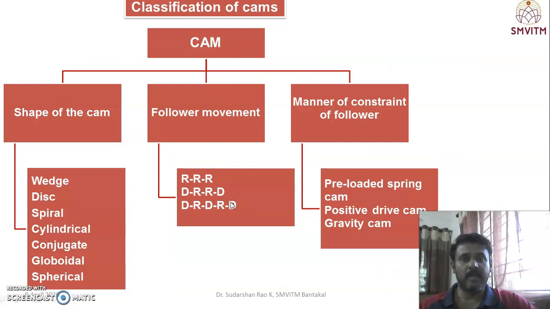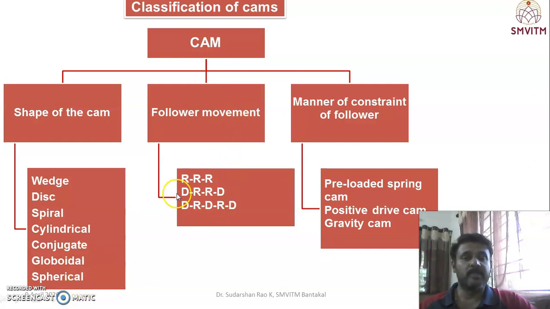Regarding the classification, CAMs are broadly classified based on the shape of the CAM, follower movement, and the manner of constraint of the follower. Based on the shape of the CAM, it may be a wedge CAM, disc CAM, spiral CAM, cylindrical, conjugate, globoidal, and spherical.